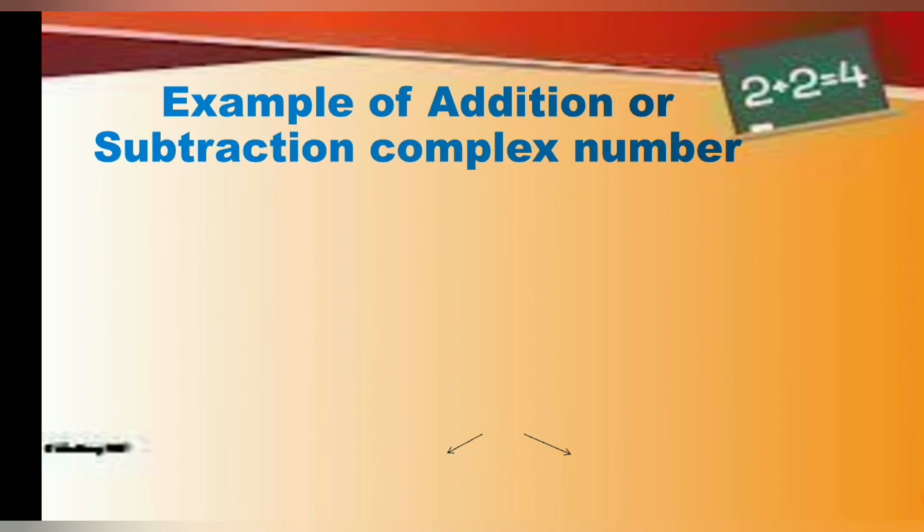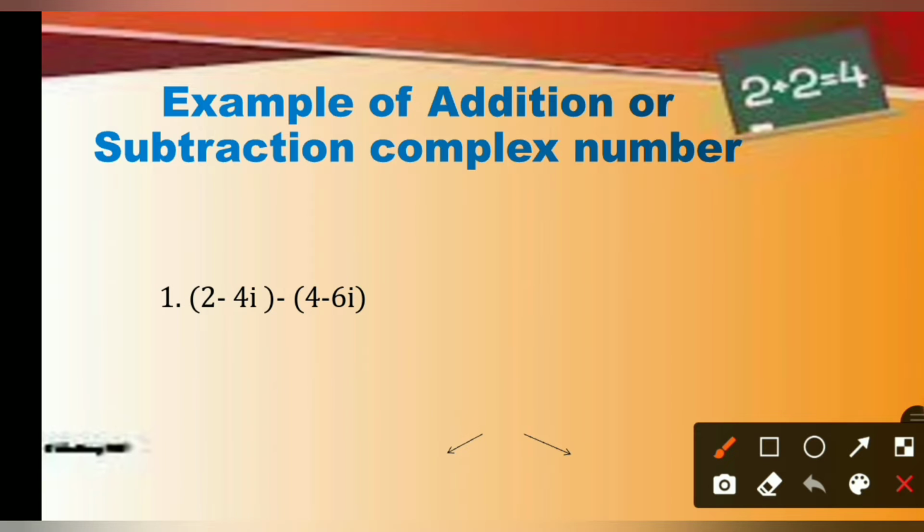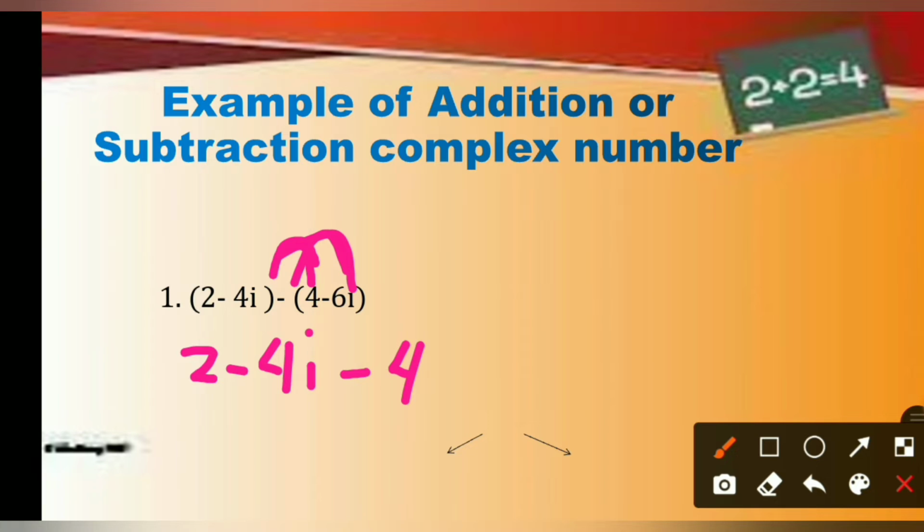Therefore, negative i. Example of addition or subtraction of complex numbers. Number 1, we are given 2 minus 4i minus negative 4 minus 6i. All you have to do is distribute here. First we copy the 2 minus 4i, and then the subtraction operation is multiplied through. Then we have negative 4, and negative times negative is positive 6i.